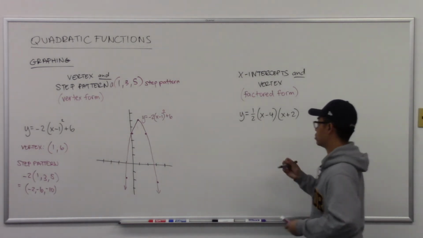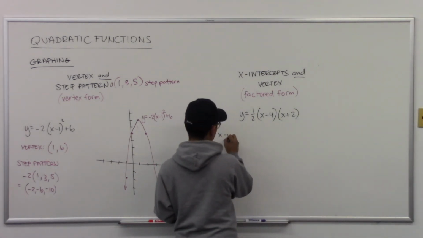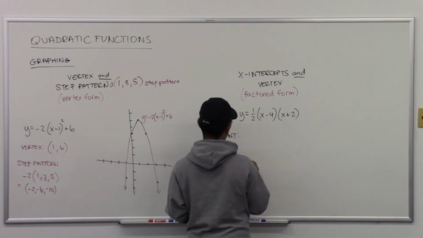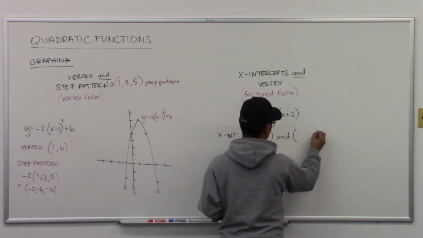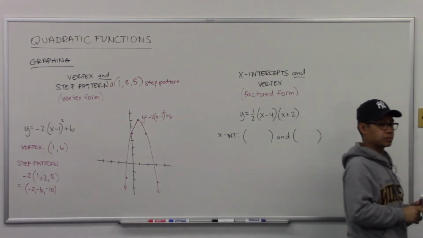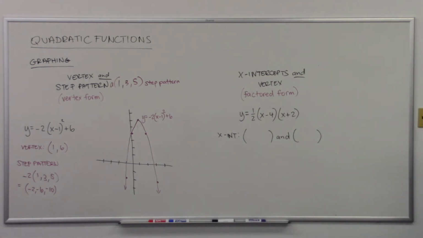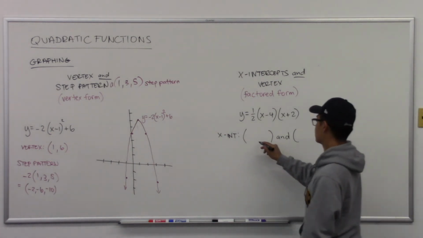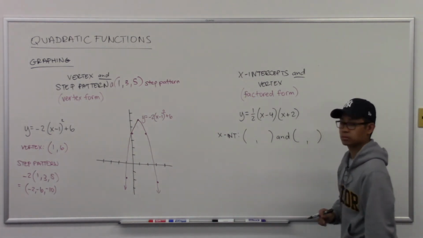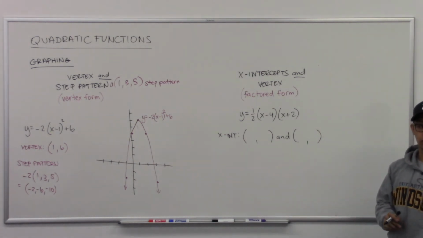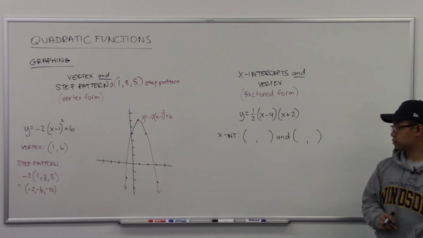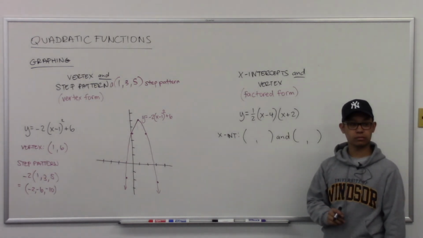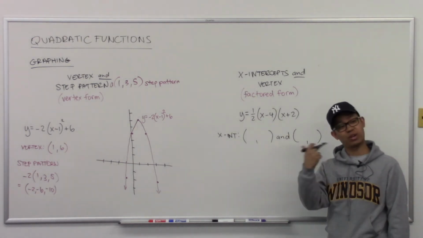The first thing I do is I find my x-intercepts. So go ahead, Jules, and look on the other page and tell me what your x-intercepts are. Yes, you were the one who answered that when I asked the question last time.